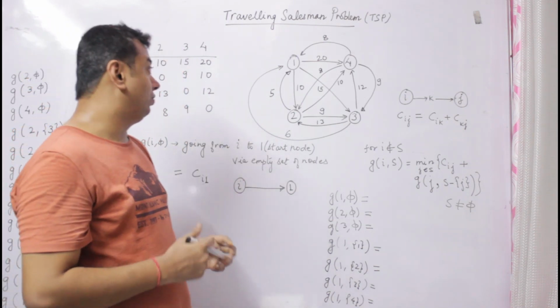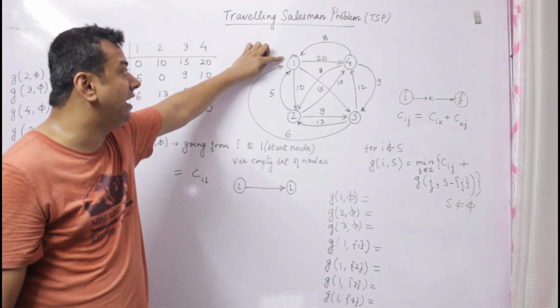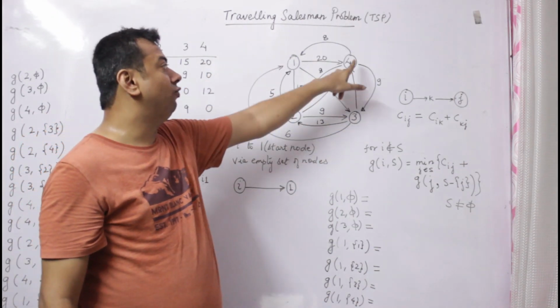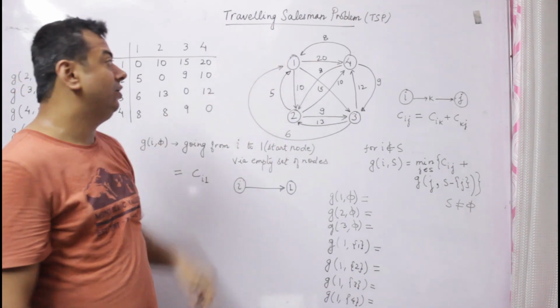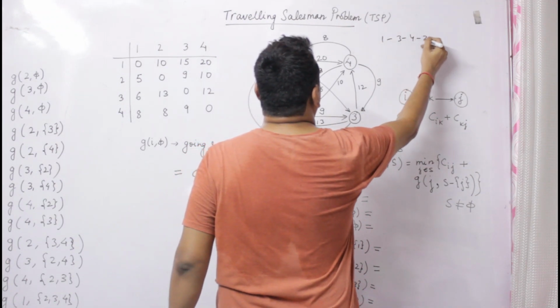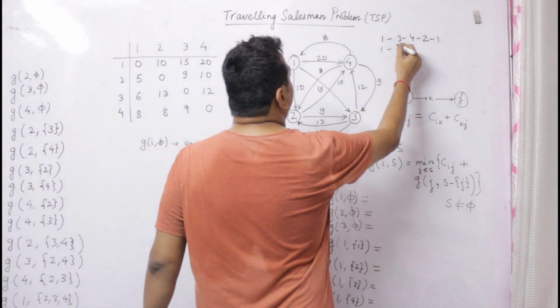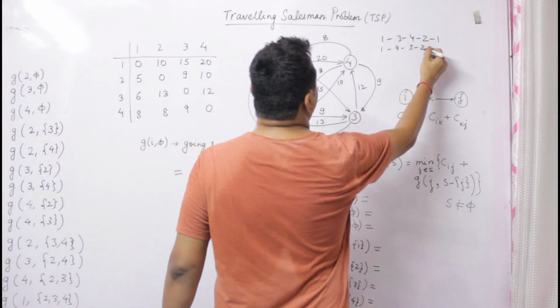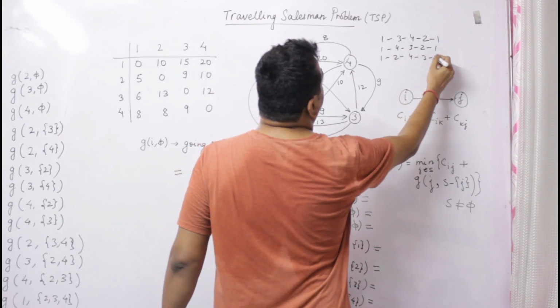Now the salesman can go from city 1, then city 3, then 4, then come to 2 and then go to 1. So 1, 3, 4, 2, 1, or he may choose 1, 4, 3, 2, 1, or 1, 2, 4, 3, 1.